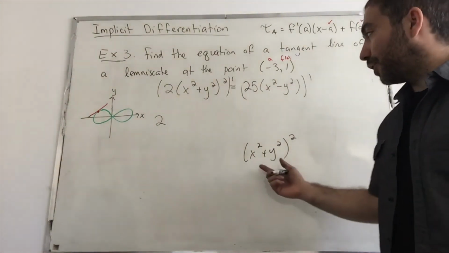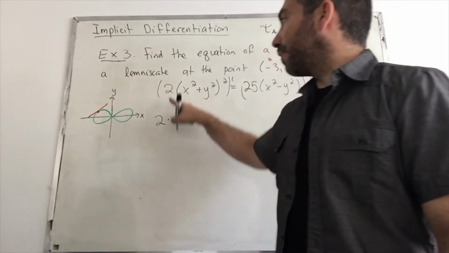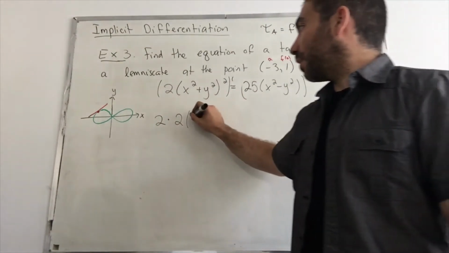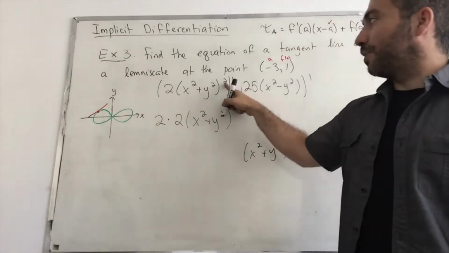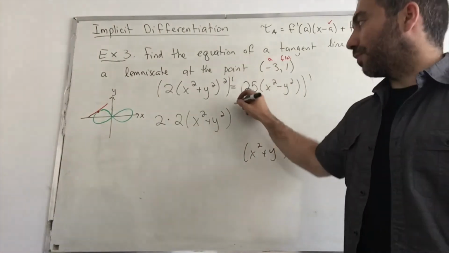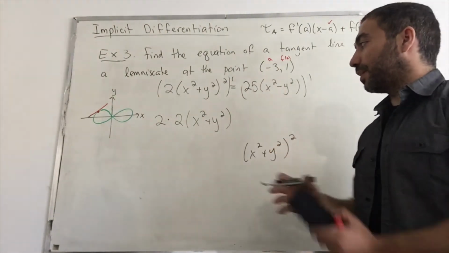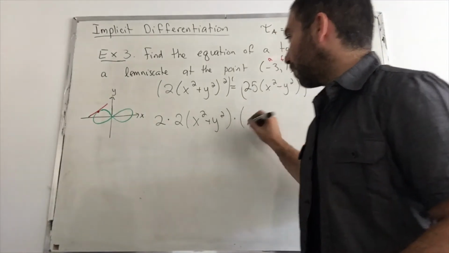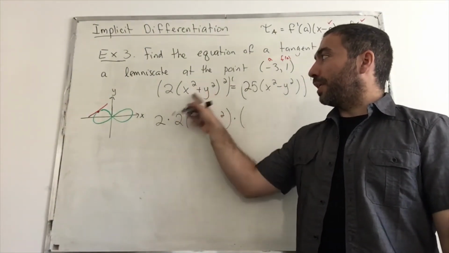If we apply chain rule here, we start off by dropping off the 2. So on top of this 2 here from the front, we're going to drop the exponent 2. We're going to leave what's in the inside, x squared plus y squared. And then we subtract the exponent by 1, so we're left with 1. I'm not going to write it. And then we multiply by the derivative of the inside, so times, open bracket. To derive the inside, we start with the x squared.